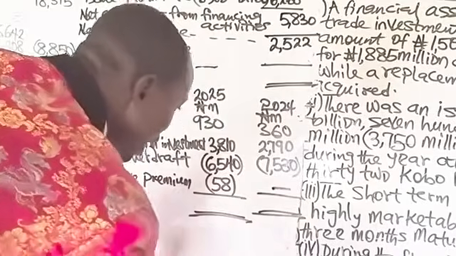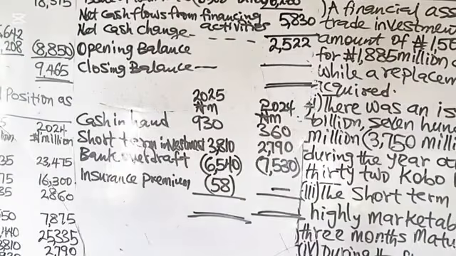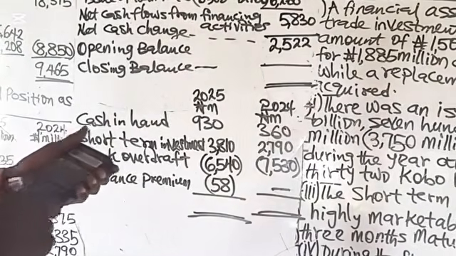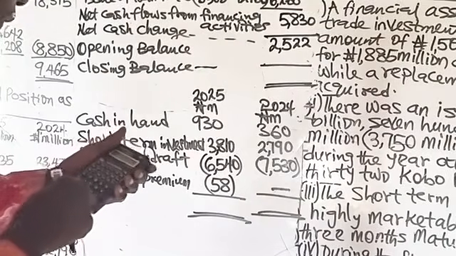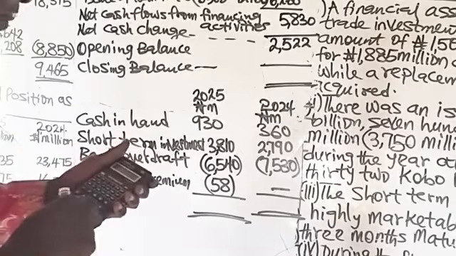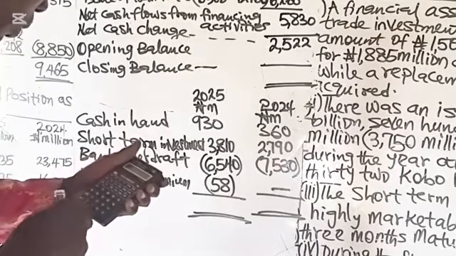So after this, what is the total? You have 360 plus 2790 minus 7530.